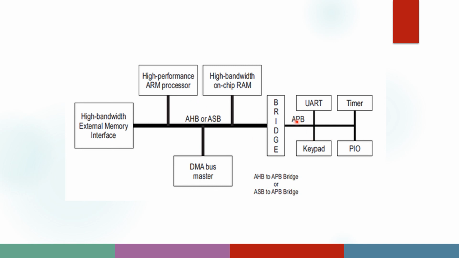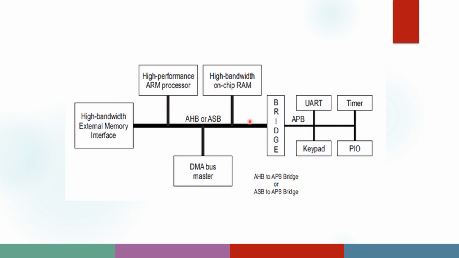Here we can see the advanced peripheral bus, that is APB. This bus is interconnecting several input-output devices, say peripheral devices, keypad, UART, that is the transmitting and receiving peripherals, programmed input output, timers, etc. So all these are low performance devices.